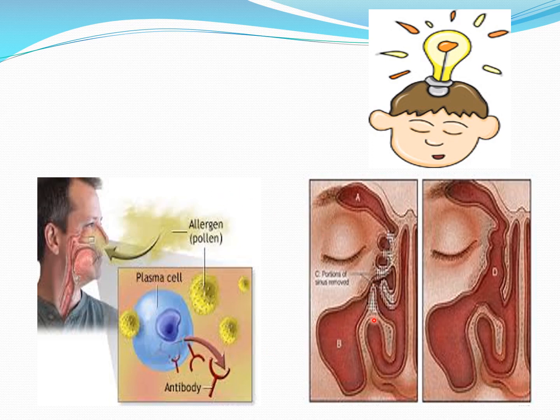So edema and inflammation of the nasal cavity can be due to allergy or infection. So recall the allergic phenomenon, that is type 1 allergic reaction. There is formation of IgE antibodies due to exposure to certain allergens.